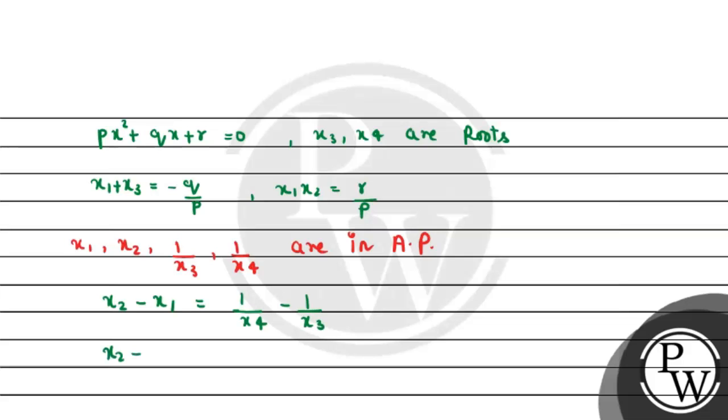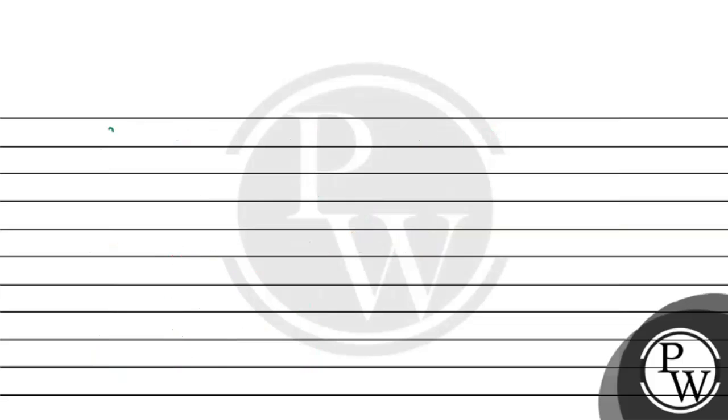After taking LCM we have (x3 minus x4) upon x3 x4. Now we have to square both sides. Then our equation will be (x2 minus x1) whole square upon (x3 x4) whole square, with (x3 minus x4) whole square in the numerator.